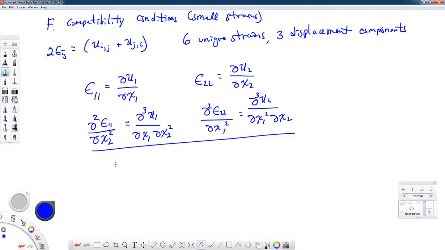Let's look at the shearing strain, and I'm going to write it this way, 2 epsilon 1,2. Shearing strain 2 epsilon 1,2 can be found by partial derivative of u1 with respect to x2 plus the partial derivative of u2 with respect to x1. Now let's take the second partial derivative of that with respect to x1 and x2.